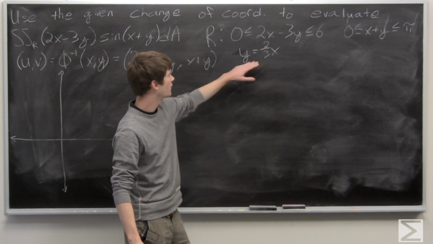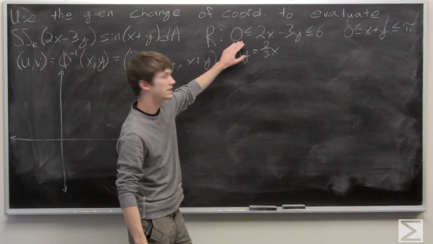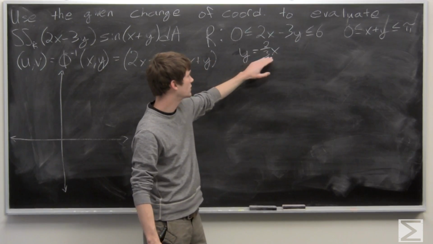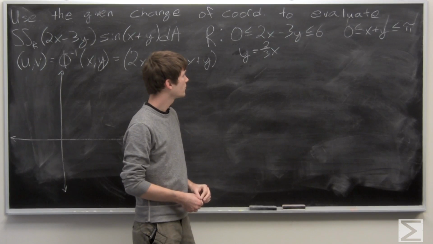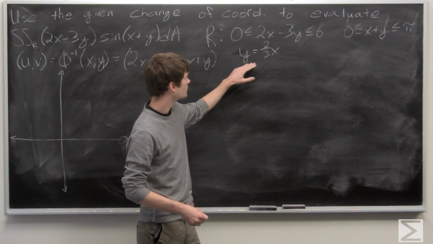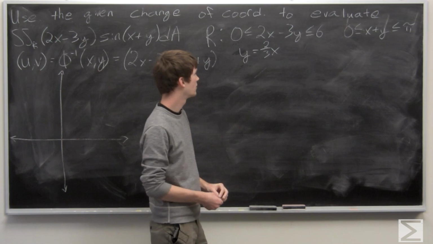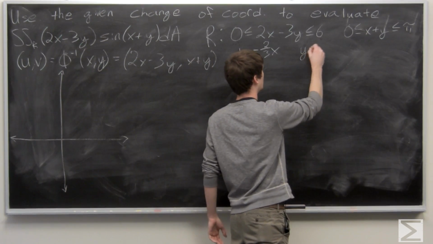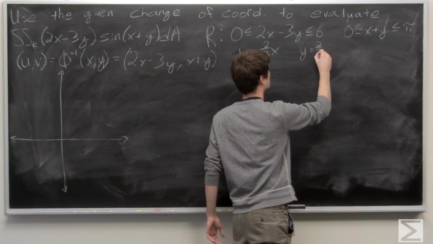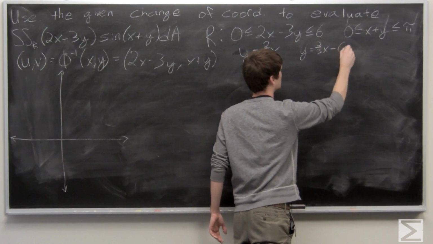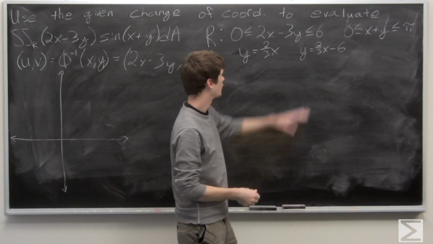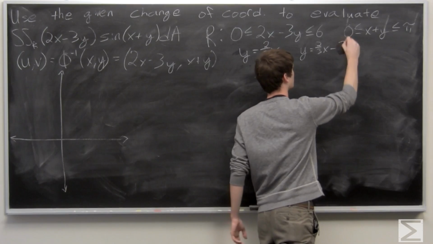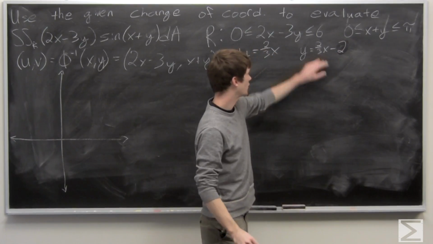First off, when it's equal to 0, we have the equation y is equal to 2/3 x. And when we're at 6, we have y equals 2/3 x minus 6 over 3, minus 2. So these are our two bounds.